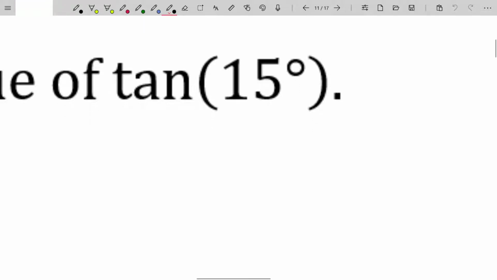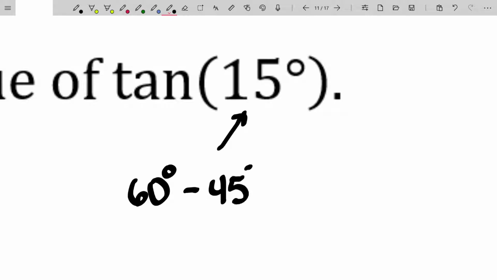One way is to say 15 degrees is the same thing as 60 minus 45 degrees. Those are both special angles. And so I can say that's the tangent of 60 degrees minus 45 degrees, and then I can use a difference formula for the tangent.